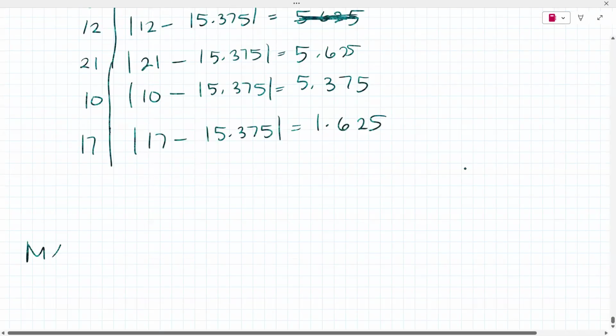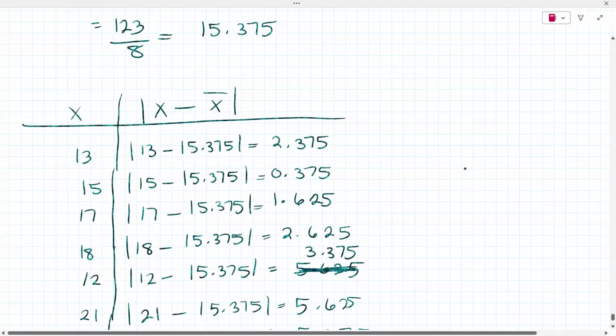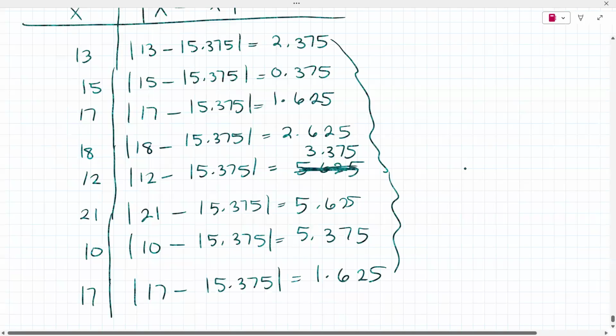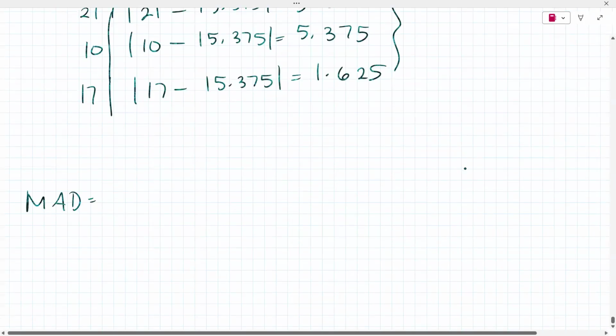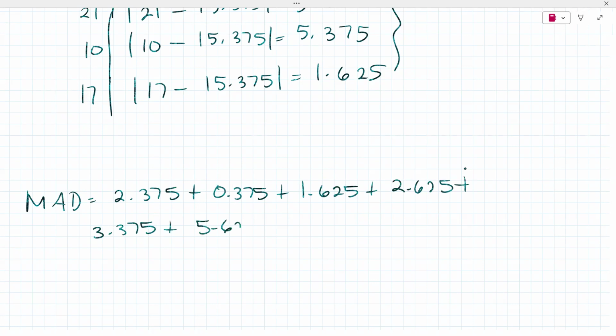So the MAD is basically you add up all these numbers and divide by the total numbers, which is 8. So add up all of these numbers right here: 2.375 plus 0.375 plus 1.625, and so on.